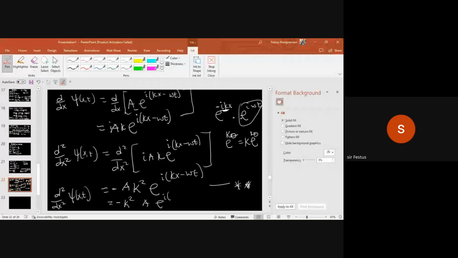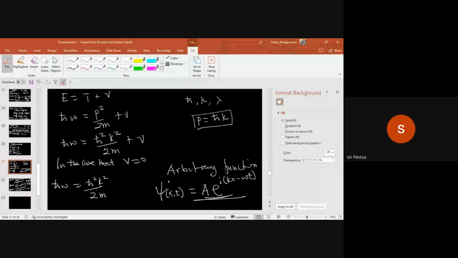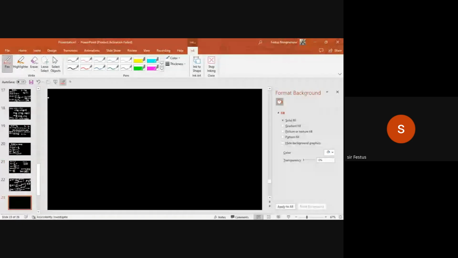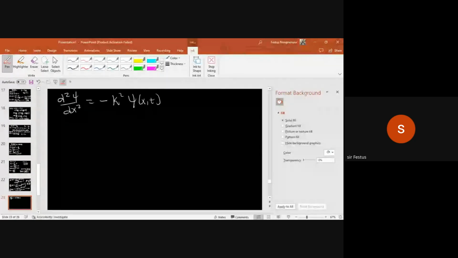So in place of whatever expression that I have there, I will remove it and put this one there. Okay, so what we had is the second derivative of psi with respect to x is nothing but minus k squared times psi of x and t. Are you following, please? Have you gotten what I've written on the board?